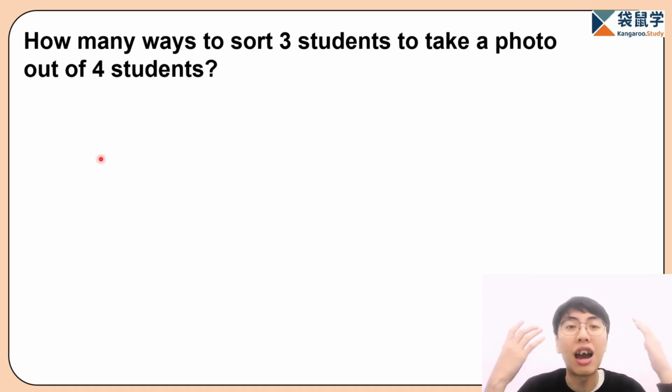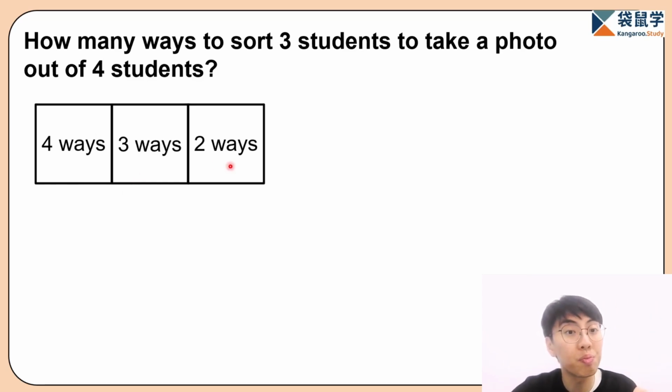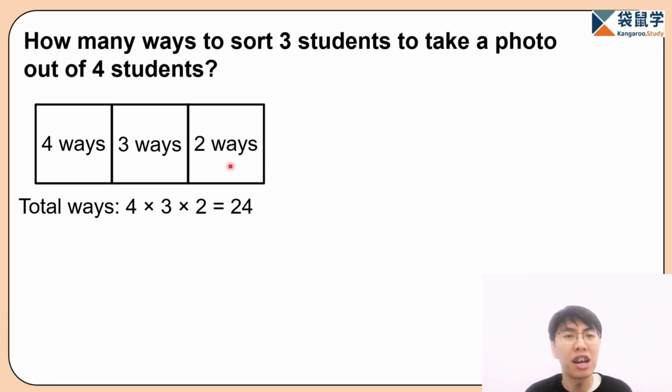Again, I have 3 students to be selected, 3 seats. Now for the first seat, how many ways are there? Should just be 4, the following one 3, and the last one 2. And with that, all I have to do is just multiply them together, and I again get 24.